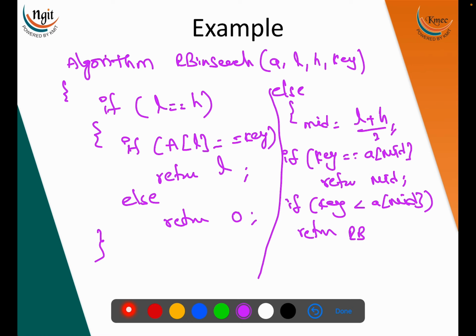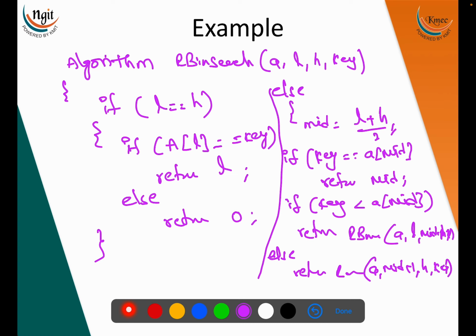So we apply the recursive approach where A, low will not go till high but till mid minus 1, comma key element. Else, return recursive binary search A, comma mid plus 1, comma H, comma key.